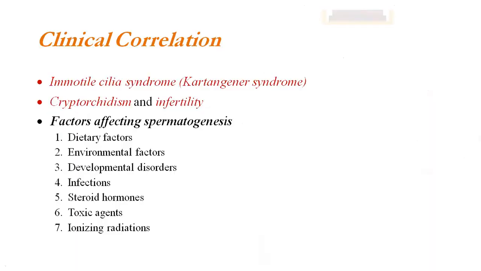Now the clinical correlation. There may be a clinical condition where the cilia are not motile. You call that immotile cilia syndrome, that is Kartagener's syndrome. Cryptorchidism is a condition where testes do not descend, which may lead to infertility. Male infertility can be prevented if you take care of the factors affecting spermatogenesis.